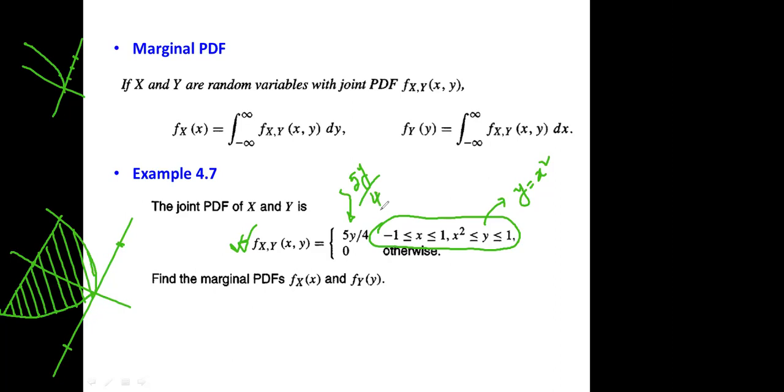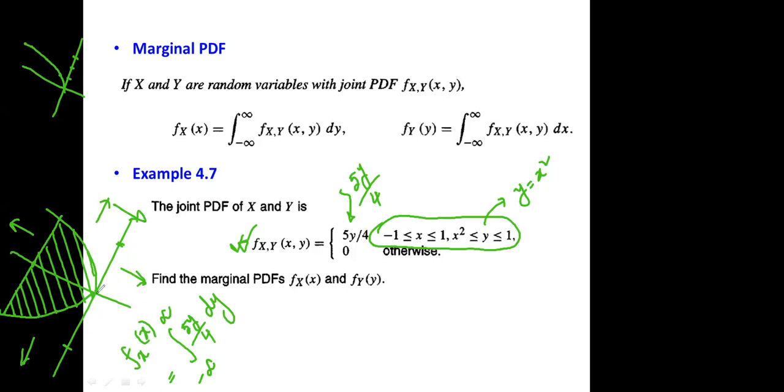Now, how do we find the marginal PDF, fx or fy? When I'm talking about fx, we need to integrate with respect to dy, isn't it? We put in the 5y by 4, and then we need to integrate from minus infinity to plus infinity. But outside this region there is no value of y.